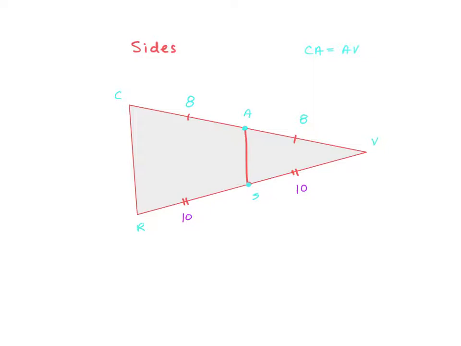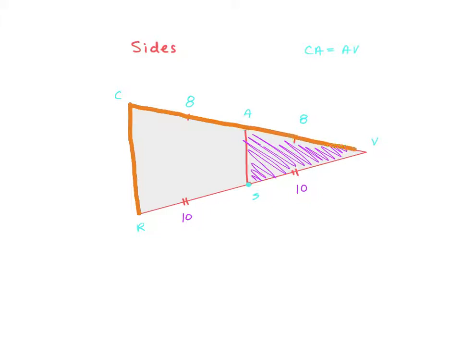But the idea is if I look at this smaller triangle, and this has a side of 10, this bigger proportional triangle to this small one here should have sides double that of the smaller triangle.